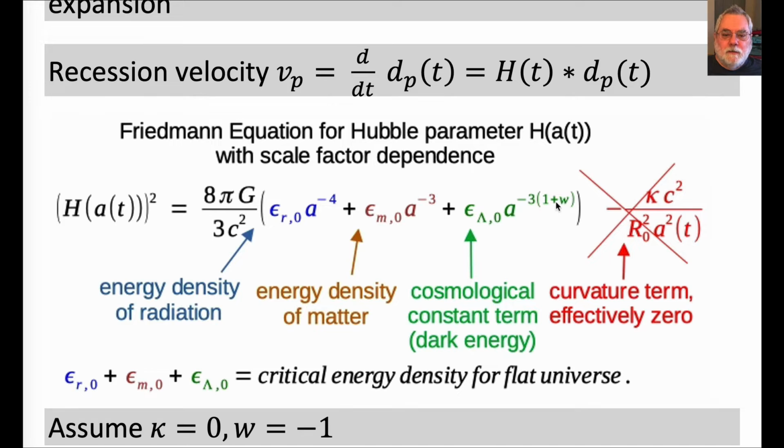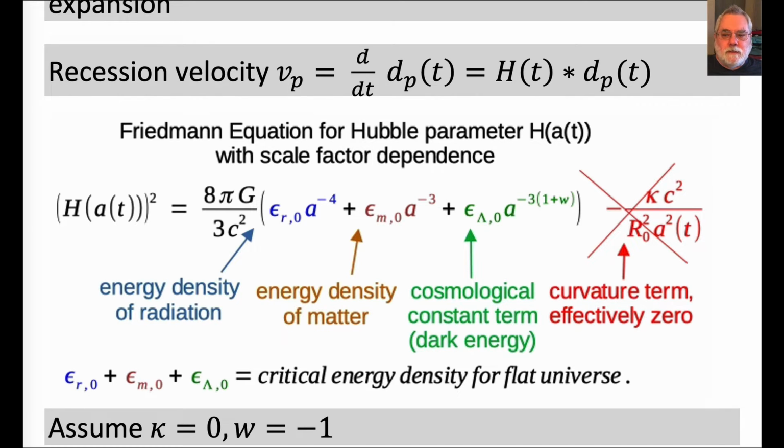We will restrict w for the dark energy term to be w equals -1. This makes the exponent in the dark energy term 0 and the dark energy density constant, and this universe ends in a big chill, not a big rip.